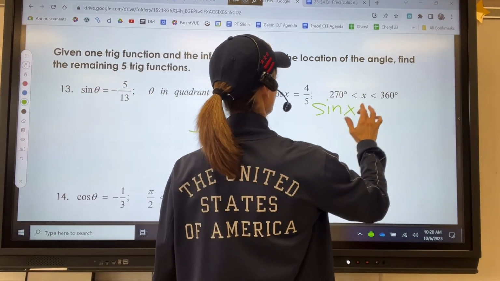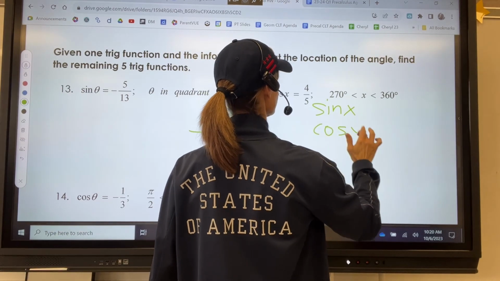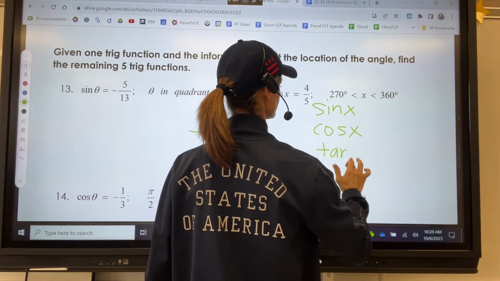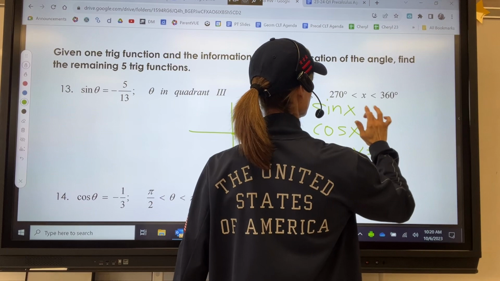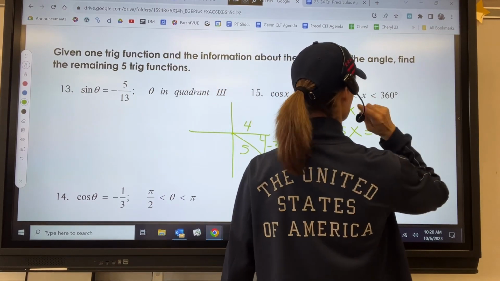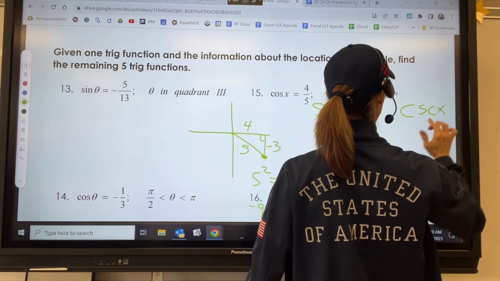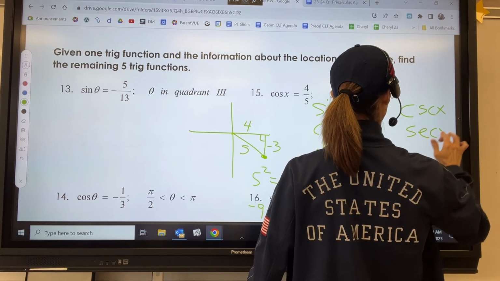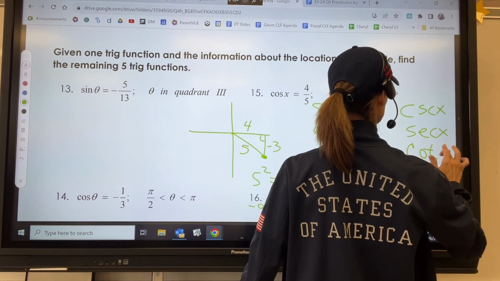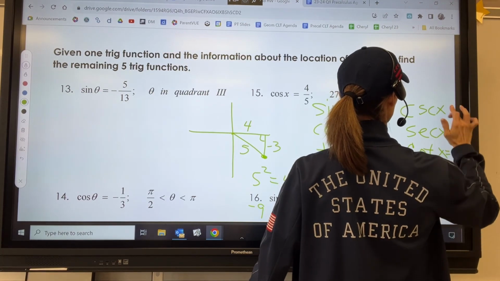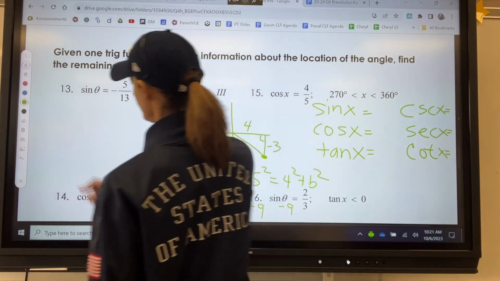So sine of x, cosine of x, tangent of x, and cosecant x, secant x, cotangent x.